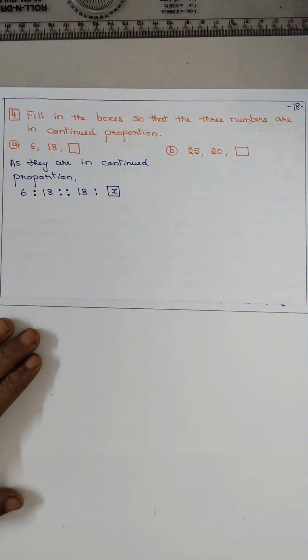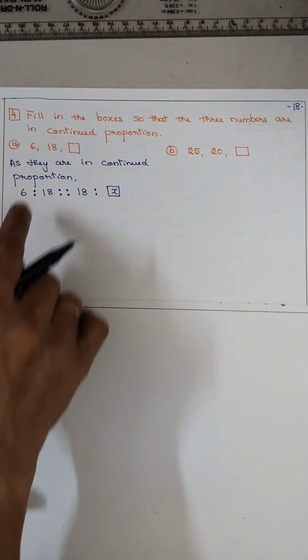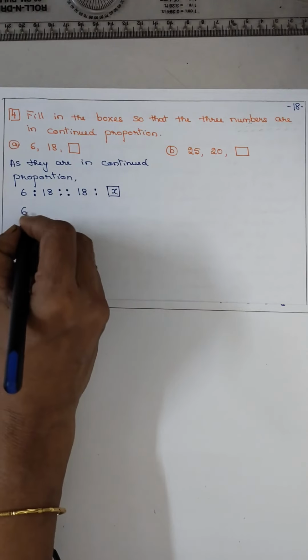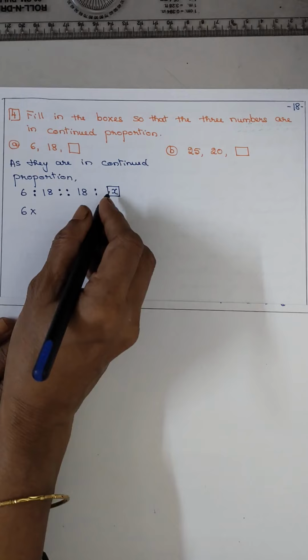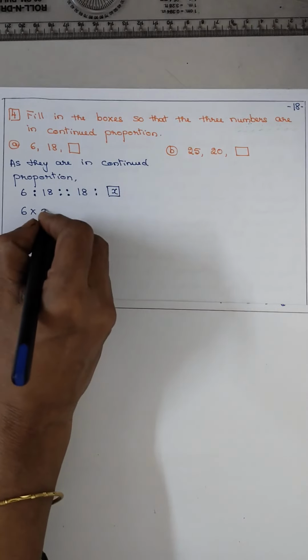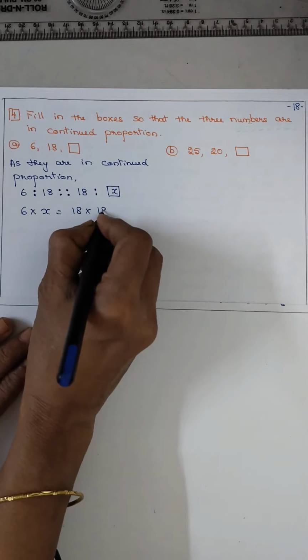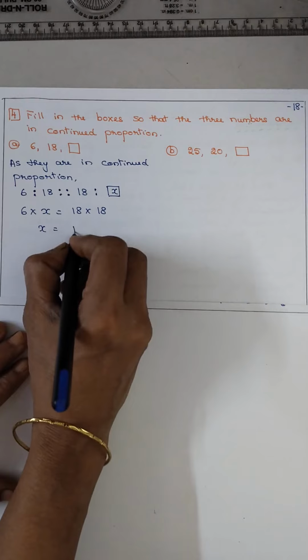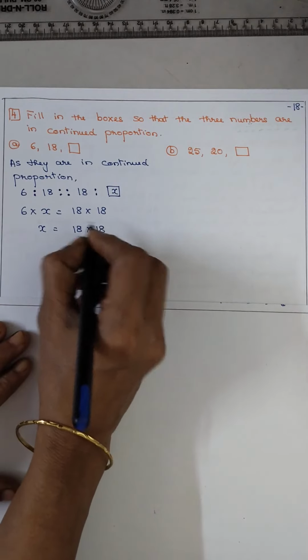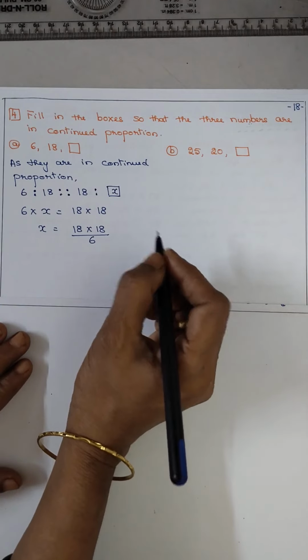This step is extra. Now if they are in proportion, first and the last, 6 into x, should be equal to second and the third. So x is on the left side, 18 into 18, 6, we have to take it to the denominator.